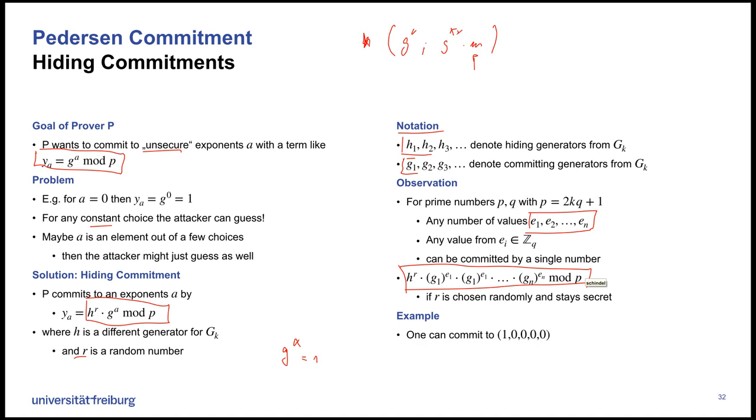Even if you publish some exponents, it's still safe, because the other ones are just multiplications, and everything is now relying on the first exponent, h to the r, which has no meaning. It's just there to hide it. So actually we are sacrificing one generator just to hide our information and make it perfectly hiding. But we know that it's there, and we know how to reconstruct it, and we know how to prove it.